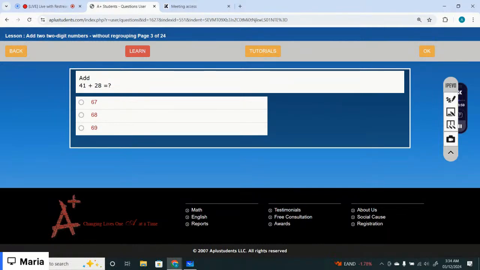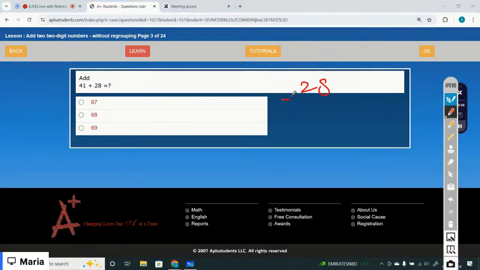41 plus 28, which is the correct option? That is 28 plus 41. 8 plus 1 is 9, and 4 plus 2 is 6.